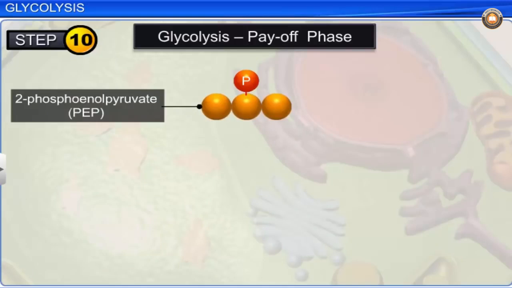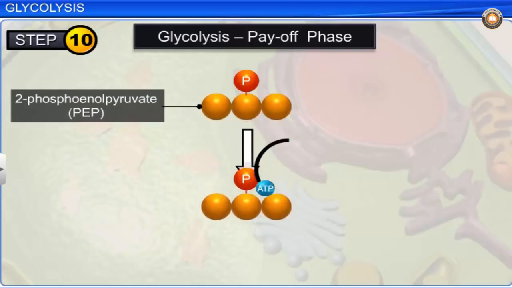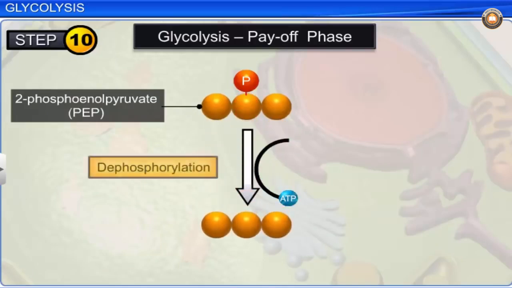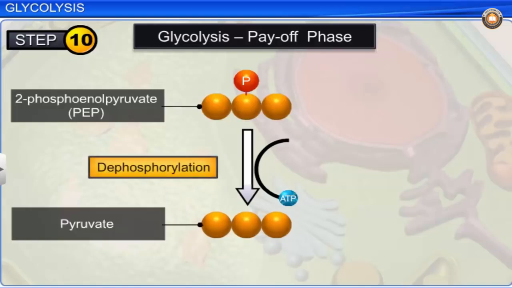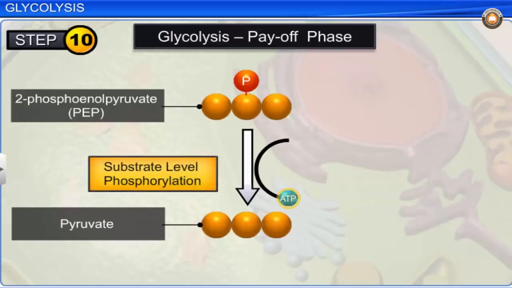The final step in the payoff phase is the energy-yielding reaction involving dephosphorylation of PEP to form 3-carbon pyruvate. The inorganic phosphate released from the PEP molecule is captured by ADP to form ATP molecule, leading to substrate-level phosphorylation. This ends the process of glycolysis.